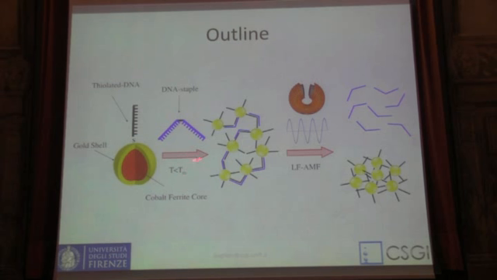And then according to the temperature you have in solution, you can form clusters, and you can separate this cluster from the solution if you want, or keep in solution, because you have control on the clusterization, so you can control the number of particles you want in your cluster, and then you can apply a low frequency alternating magnetic field, and you increase temperature locally, and you can control the temperature, and then when you reach the melting point of the DNA, you release the DNA sequence in the region where you want.